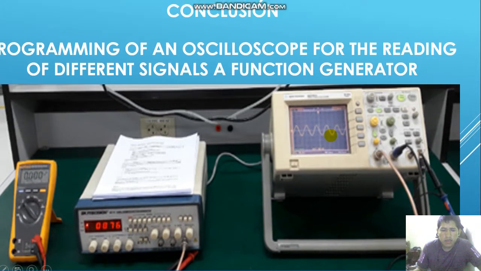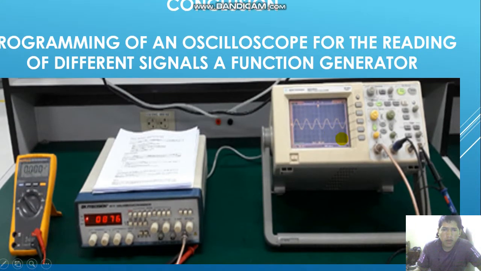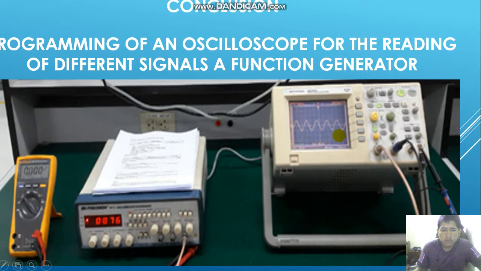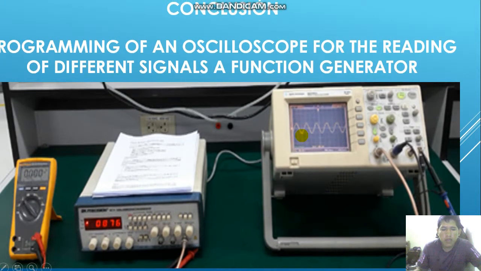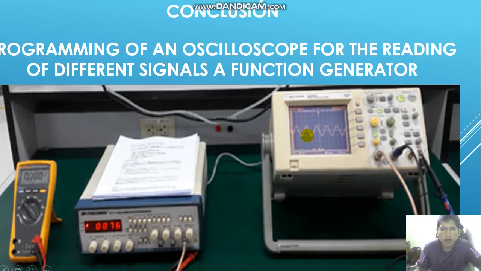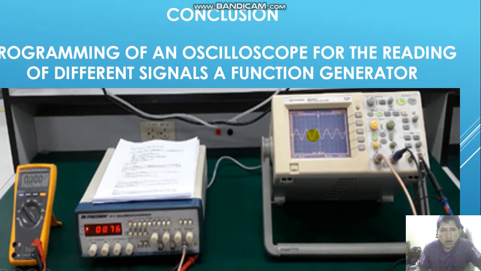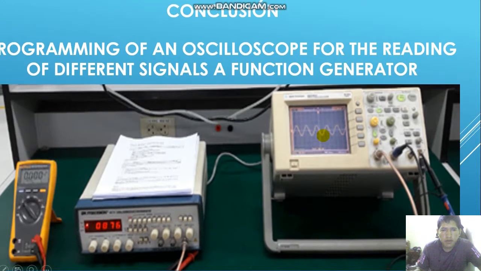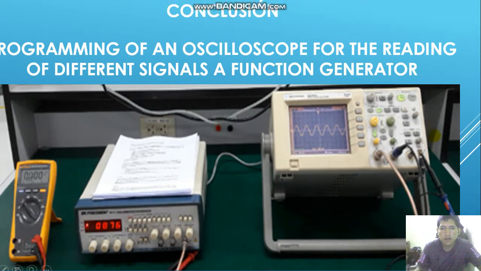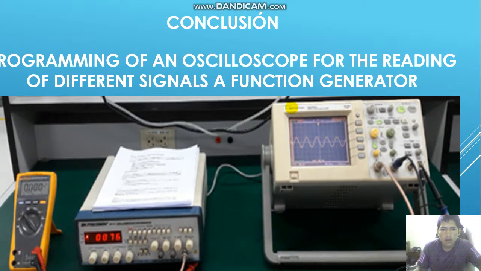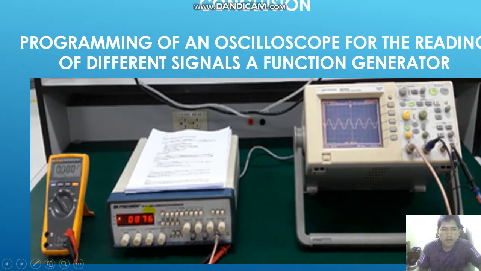Then you can see the form of the wave, and you can get the frequency, the voltage, and the period. It's very important to solve any problem that you must know the function of this instrument.